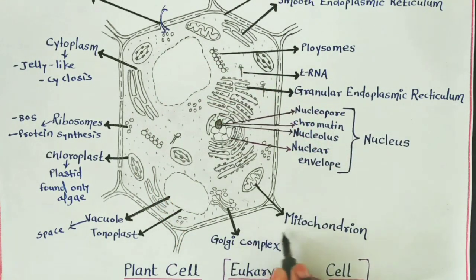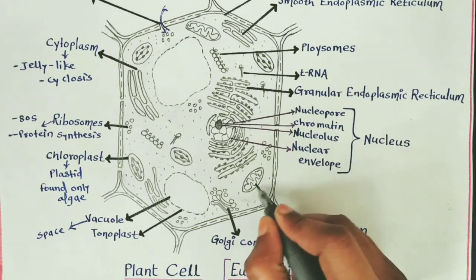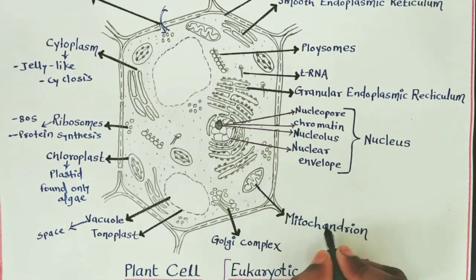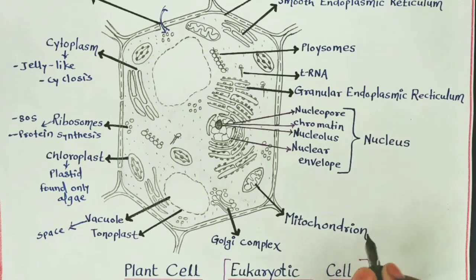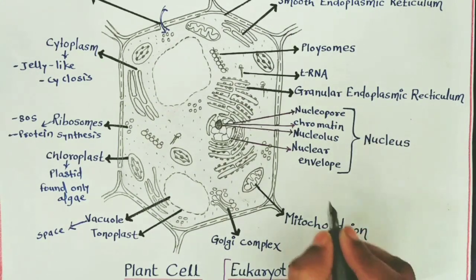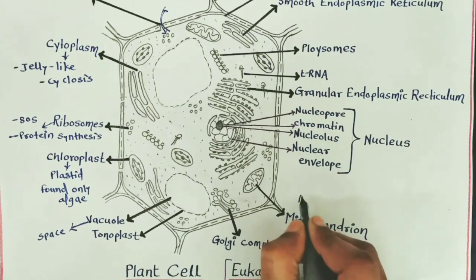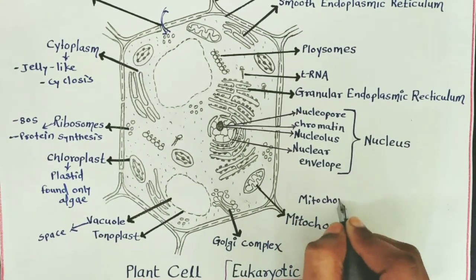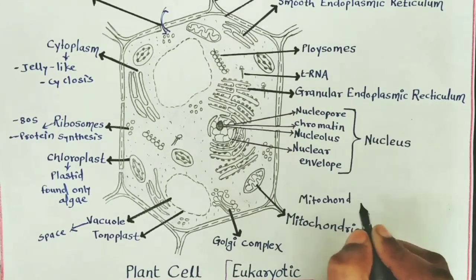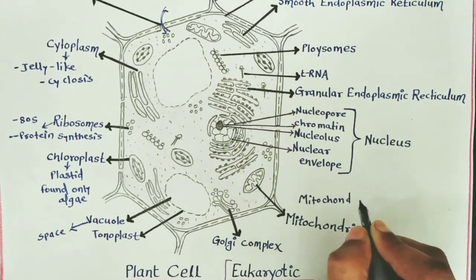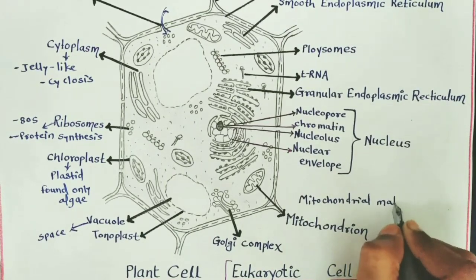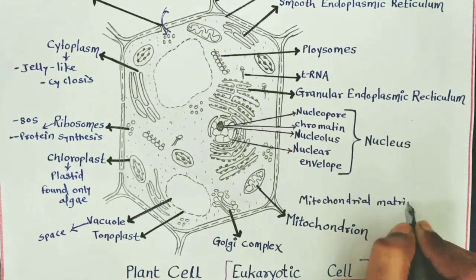So the next point is mitochondria. Mitochondria are double-membrane-bounded organelles found in nearly all eukaryotic cells. The cavity of the mitochondria is filled with a dense fluid known as the mitochondrial matrix. The matrix shows the presence of proteins, lipids and ribosomes. The mitochondrial matrix is very important for the cells.